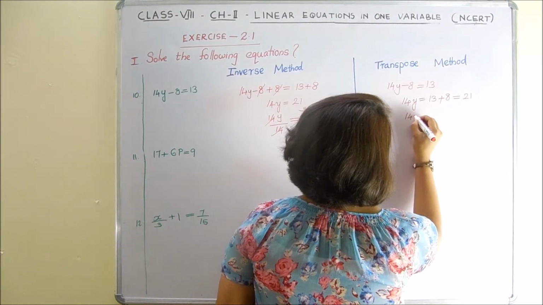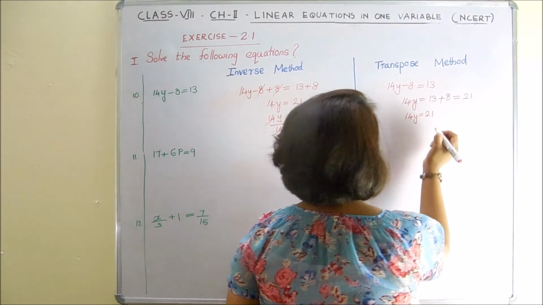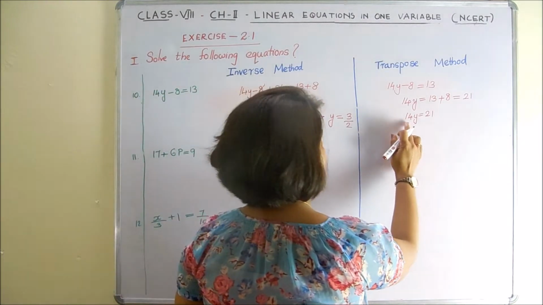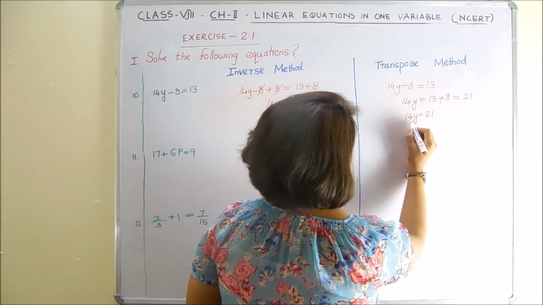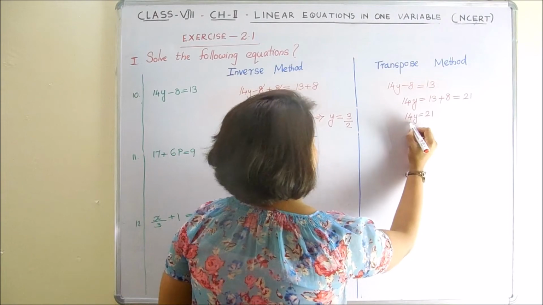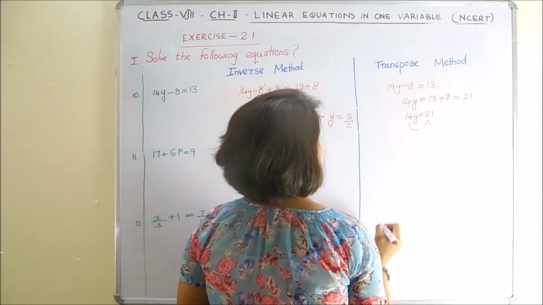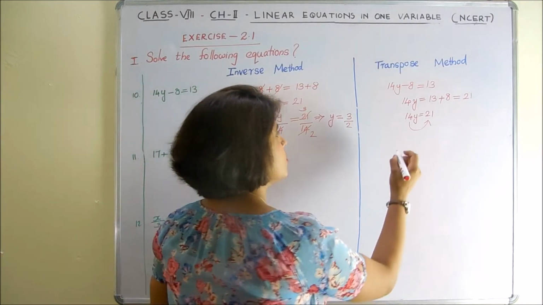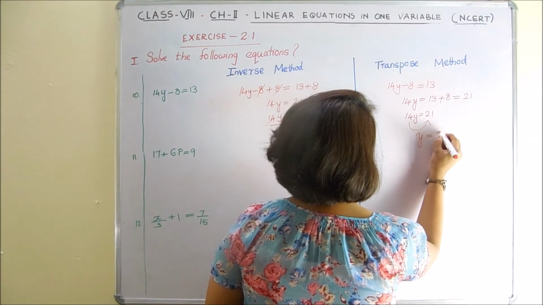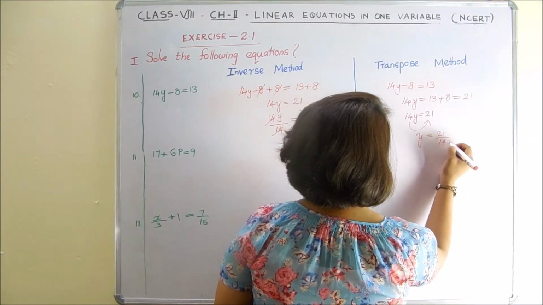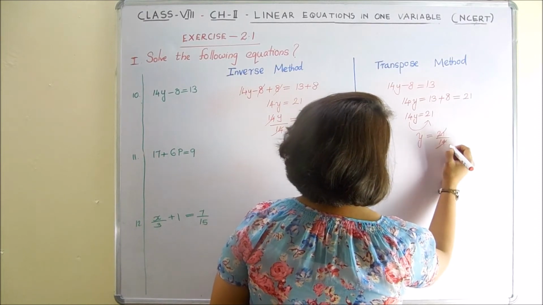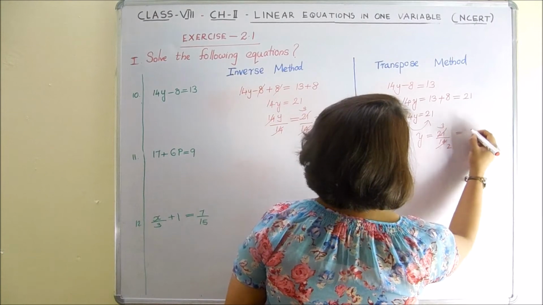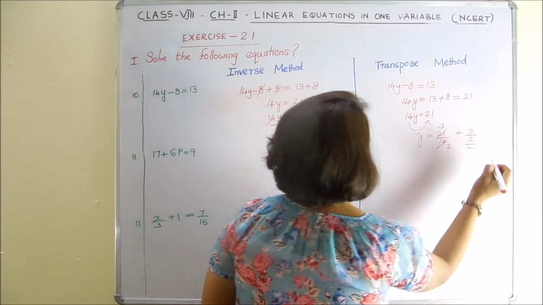That is, now the equation is 14y equal to 21. Again we have to eliminate the coefficient of y, 14. This 14 we can eliminate by transposing it into RHS by dividing by 14. So the equation becomes y equal to 21 by 14, which is equal to, again 7 goes in 14 2 times and 3 times in 21. Answer is 3 by 2.